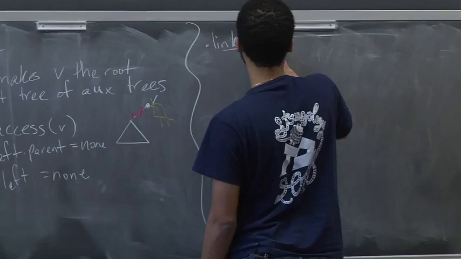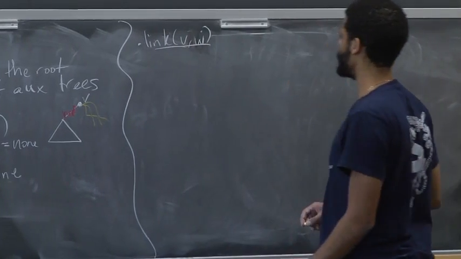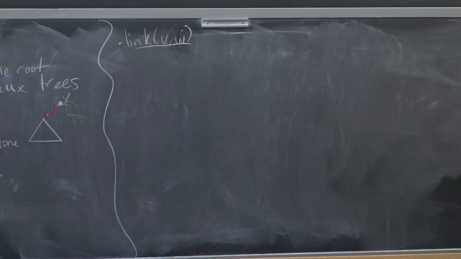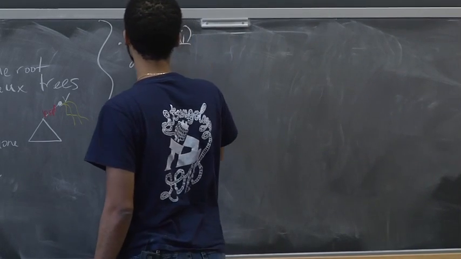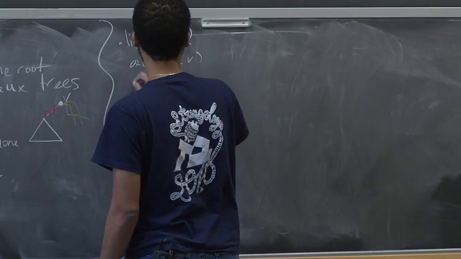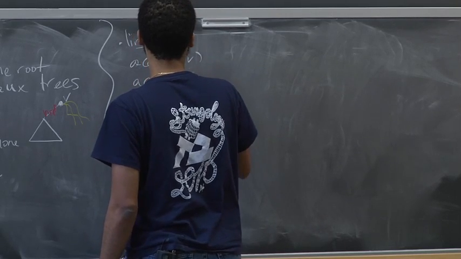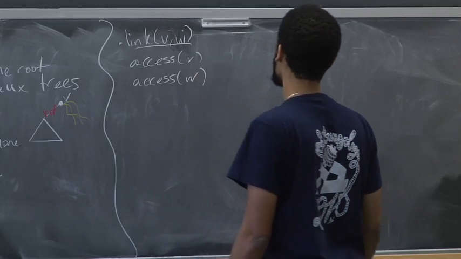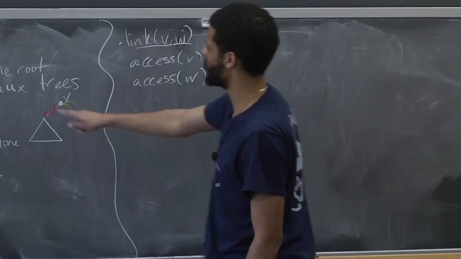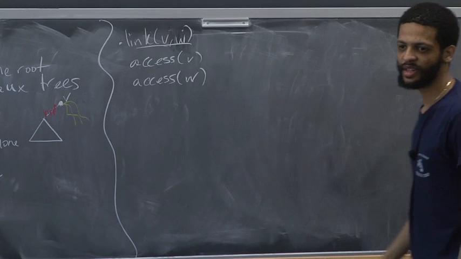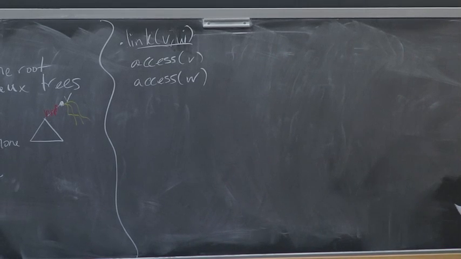Link V to W. So V is the root of its represented tree, and W is in a different represented tree. Now W is the parent of V. We draw an edge from V up to W. That's what link does. The way we implemented this was we did access V, access W. Now both of them are the roots of their respective trees of aux trees.